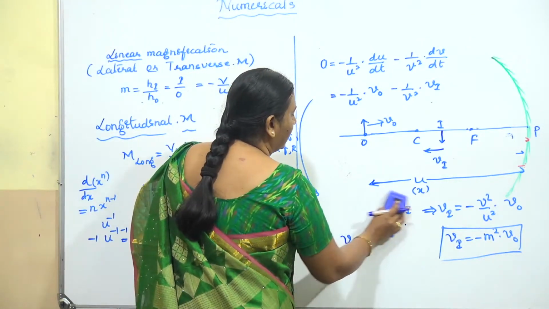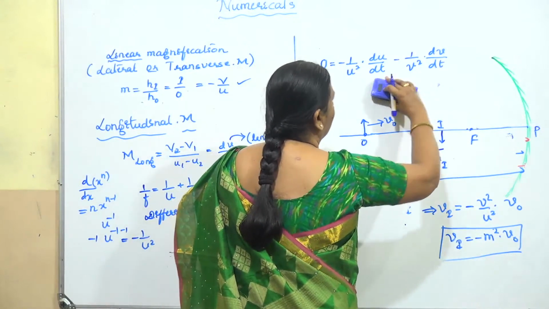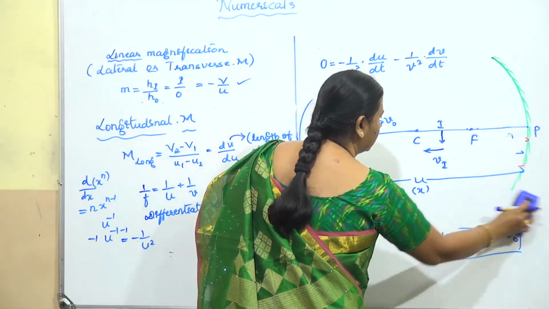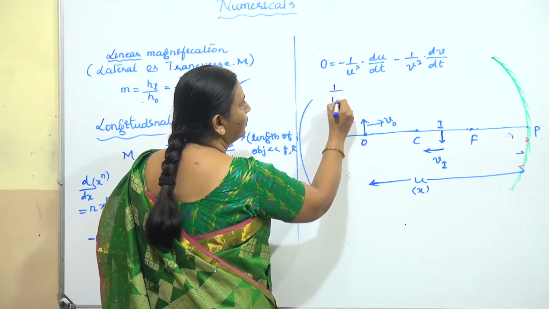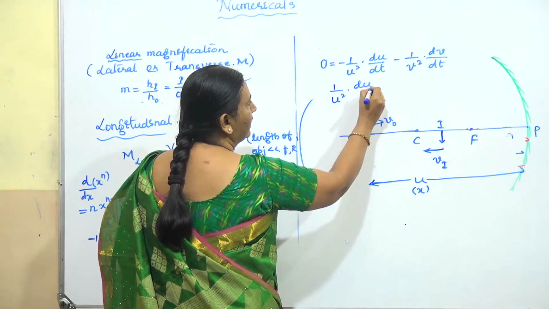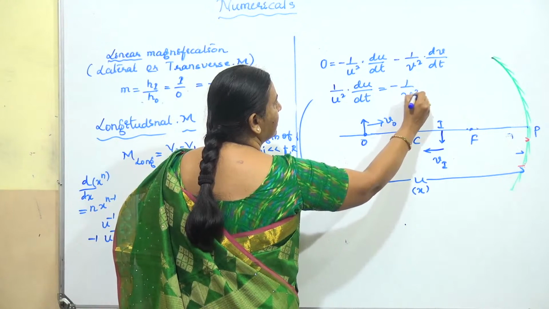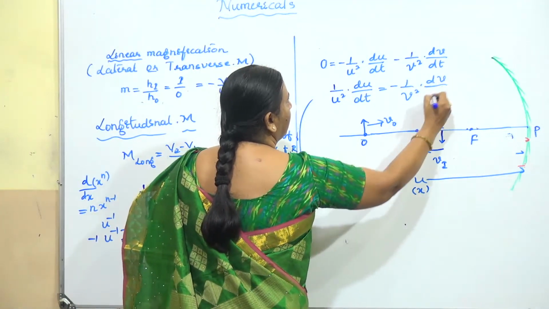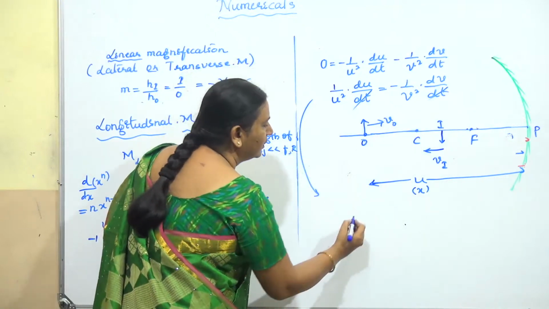Now, instead of going to this step, I can write 1 by u square into du by dt equal to minus 1 by v square into dv by dt. See, dt got cancelled.